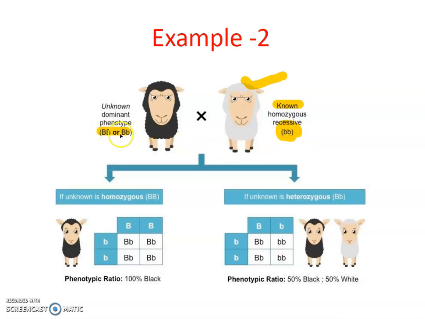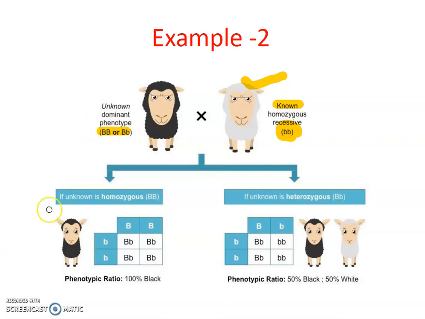Here it may be homozygous, it may be heterozygous. In the heterozygous the genes are different, in homozygous they are the same. This is unknown, we don't know the genotype, but this is known. Crossing the unknown with a known homozygous recessive is what takes place in the test cross. There are two chances, it may be homozygous or it may be heterozygous.